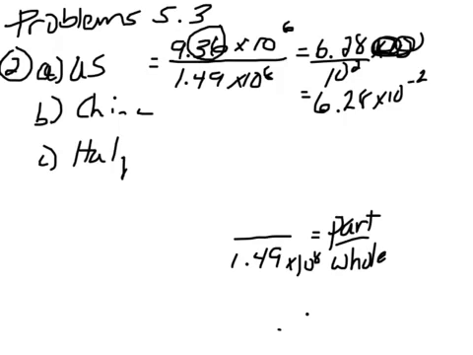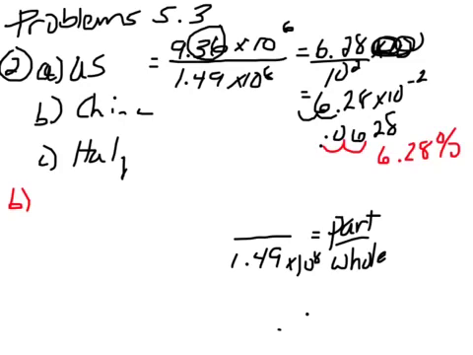And if I move the decimal place over 2 spaces to the left, that's 0.0628, a decimal, right? Now, what would that be in terms of a percent? 0.06 would be 6%. If I want to make it a percent, we bump the decimal place over to the right. This becomes 6.28%.